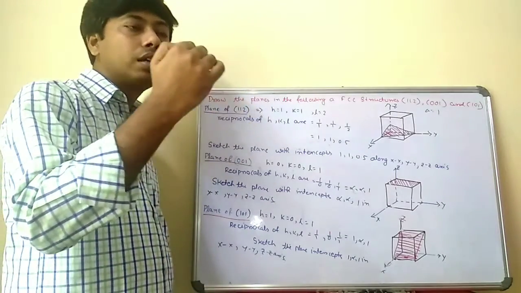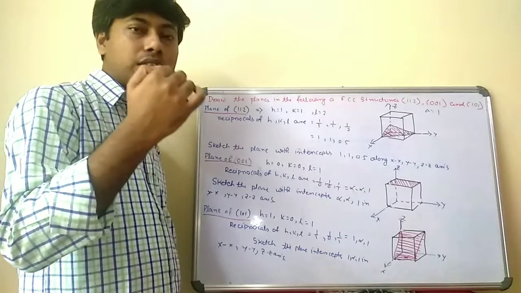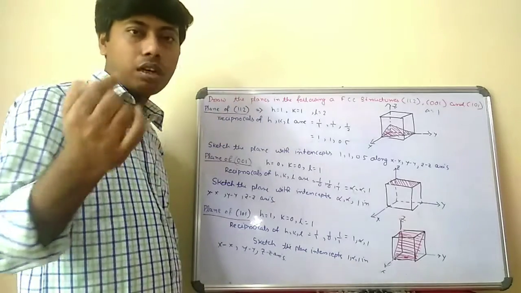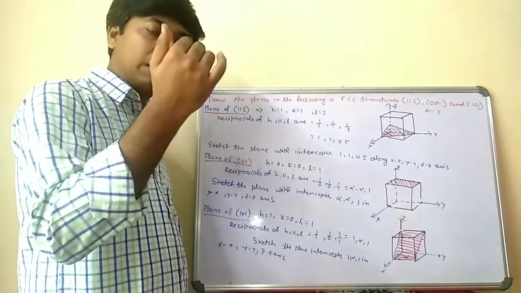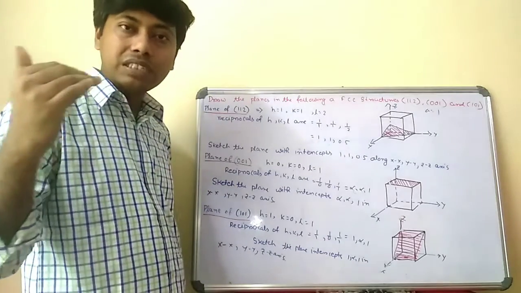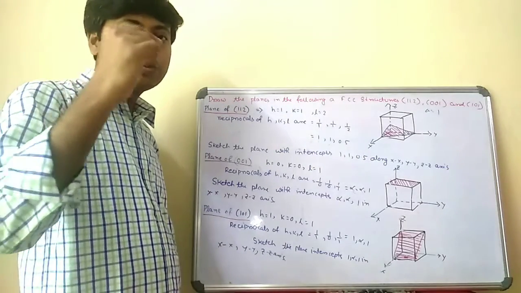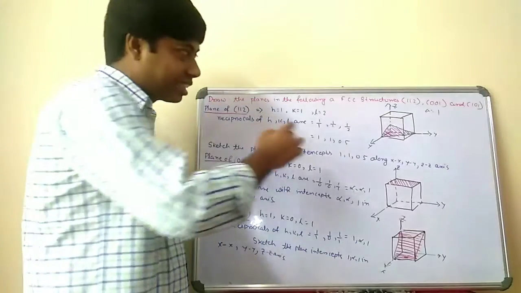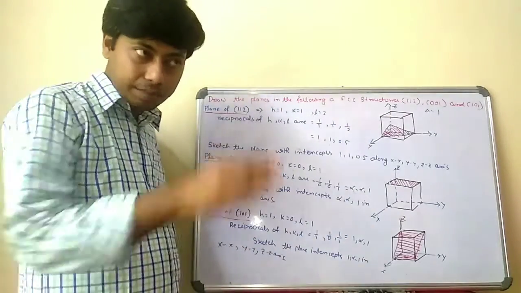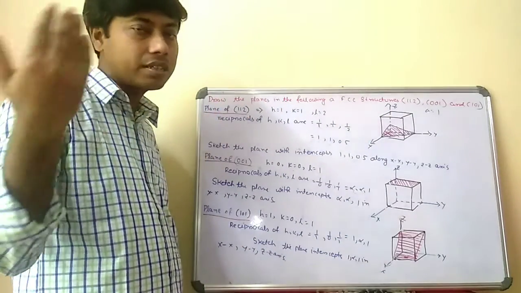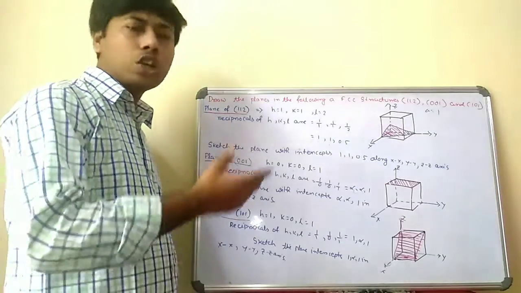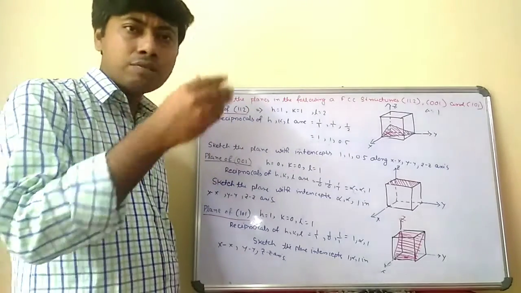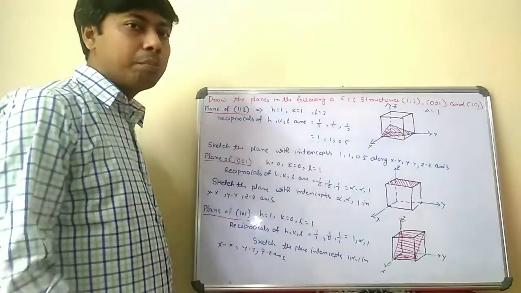Now you have to calculate the intercept points so that you can draw them on a cubic structure. That will be the reciprocal of the HKL values, and if you put these values on a simple cubic structure, you can get the particular plane. The intercept can be infinity, 0.5, or 0.78. Corresponding to this, you can connect all these lines and get your plane for the Miller indices.